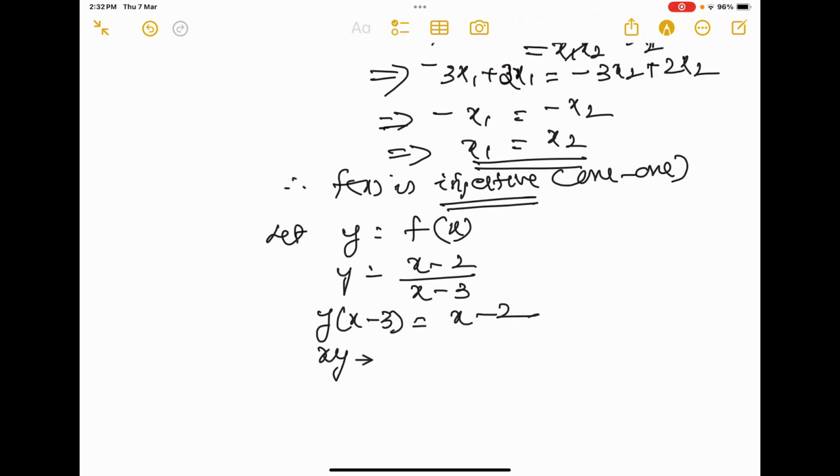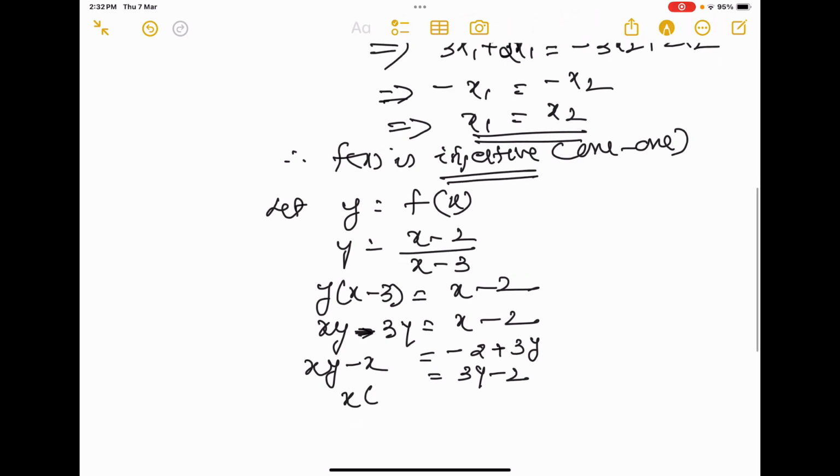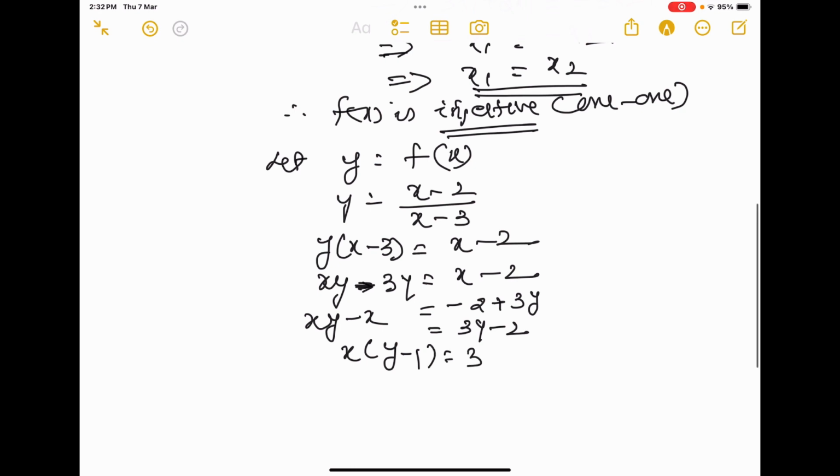That is xy minus 3y equal to x minus 2. xy minus x equal to minus 2 plus 3y. That's equal to 3y minus 2. From here you take x outside: x into (y minus 1) equal to 3y minus 2. Therefore, x equal to (3y minus 2) by (y minus 1).